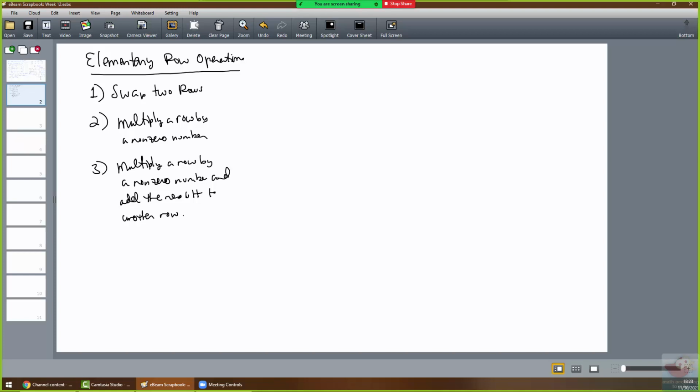Just to discuss, the reason they're legal is because, for instance, the first one says you can write your equations in either order. x equals 3, y equals negative 4 is the same system as y equals negative 4, x equals 3. Notation for that would be R sub i with a double arrow R sub j.